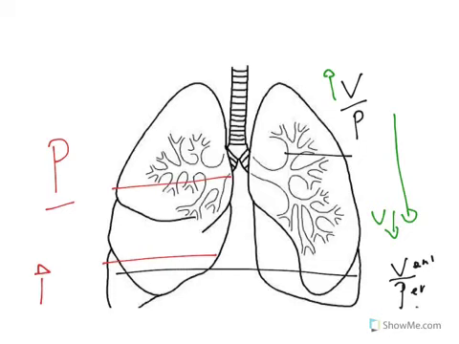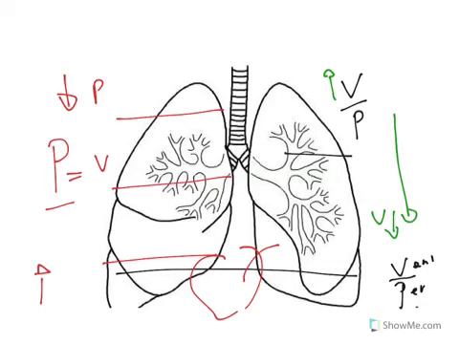In the middle we have equal perfusion to ventilation. In the top we have lower perfusion, higher ventilation. Why? Because the bottom of the lung is very close to the heart, to the pulmonary artery, so the blood supply will be higher in the bottom of the lung. This is called the ventilation to perfusion ratio.